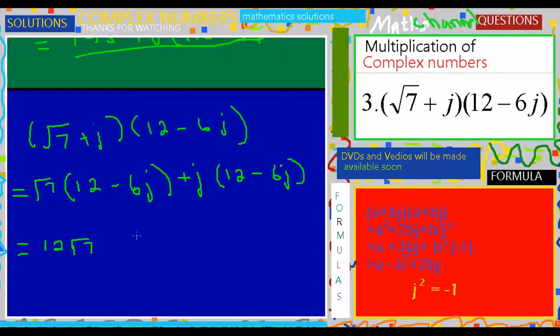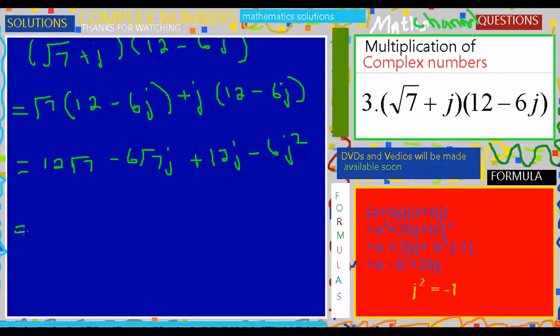Multiplying again by root 7, we have negative 6 root 7 here. Then multiplying by j, we have 12j. Multiplying the 6, we have 6j squared. Then you change the j squared, and let's group the like terms.